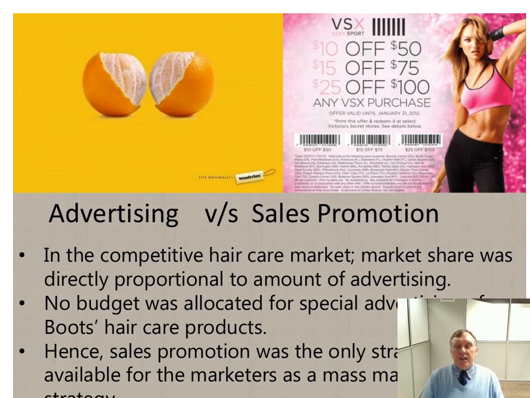Now, no budget was allocated for special adverts for Boots hair care products. In other words, they didn't have a separate advert for a particular product or a particular promotion that we're doing. So sales promotion was the only method that was available to marketers as a mass marketing strategy. So this was what they had to deal with. No extra money.